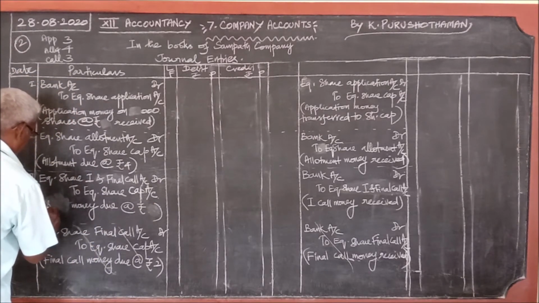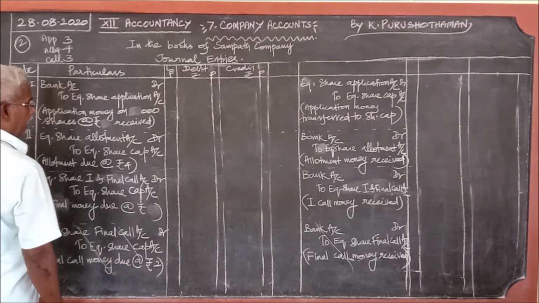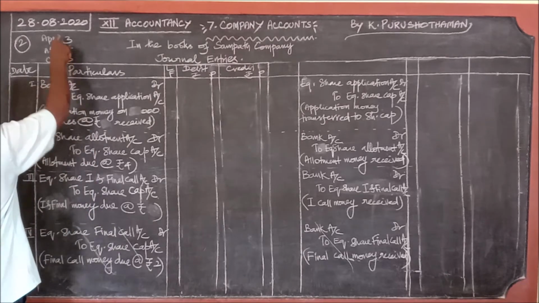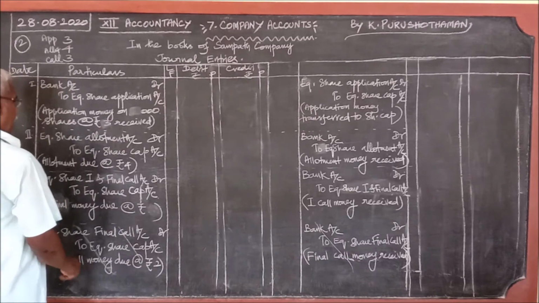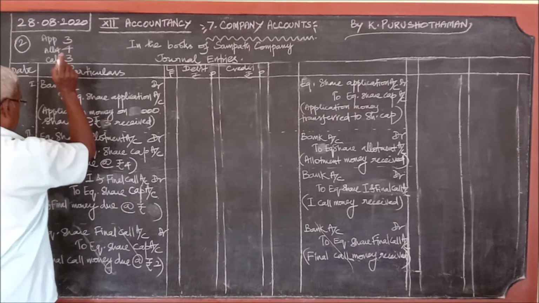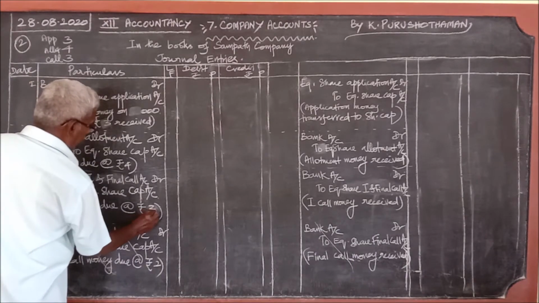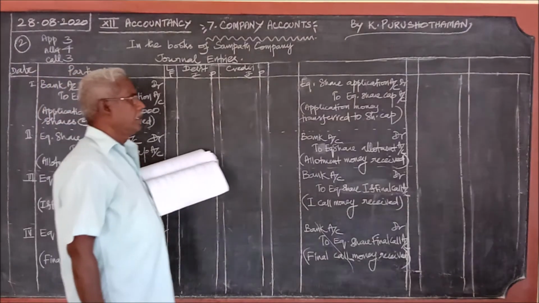Here, application money at the rate of rupees 3, allotment money at the rate of rupees 4, first and final call money at the rate of rupees 3. Okay, we have completed the task here.